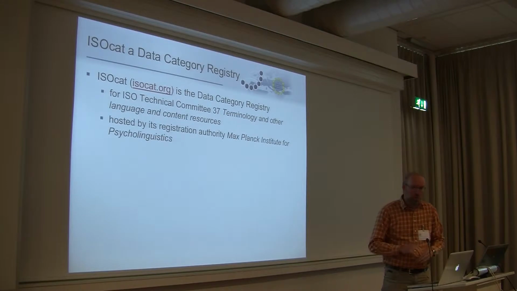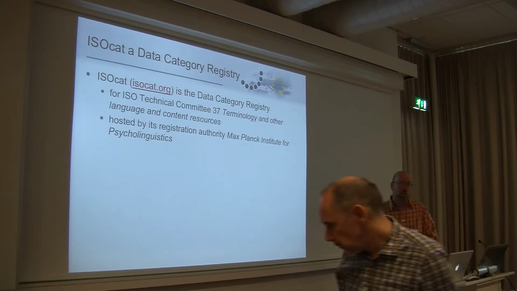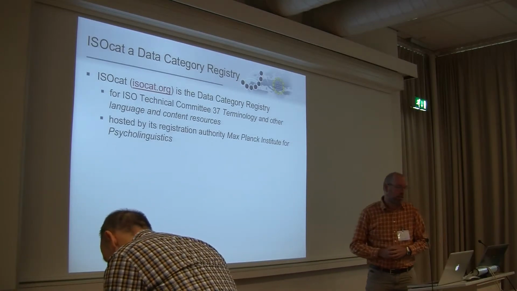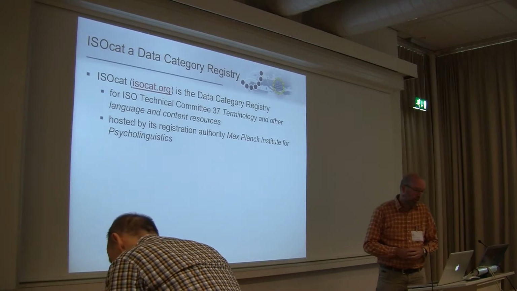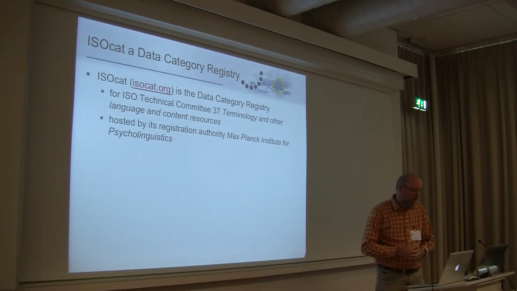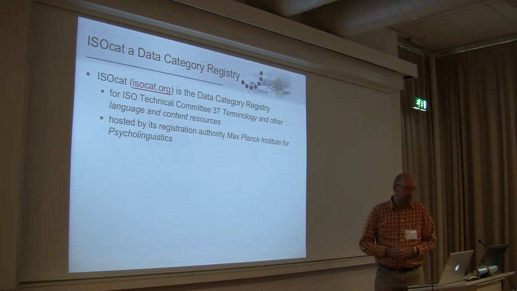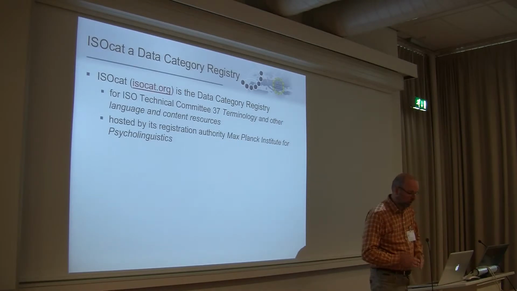When we see ISOcat, you will see that there are certain groups working there on standardization, and they do that in the context of this ISO technical committee. The Max Planck Institute, where you are now, is the registration authority for this data category registry and also for the standard that it's based upon.